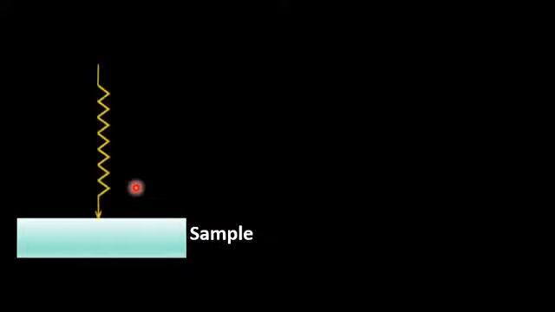This may be represented like this. Consider this as an electron beam interacting with a small portion of the sample surface. Basically, the electron beam is transferring a huge amount of energy to the sample surface.